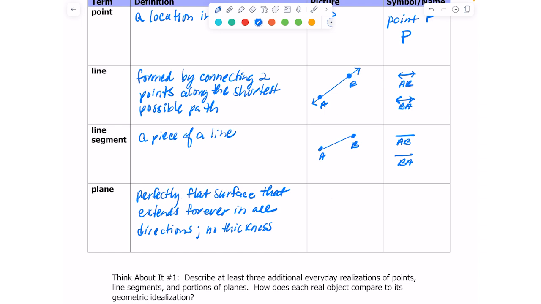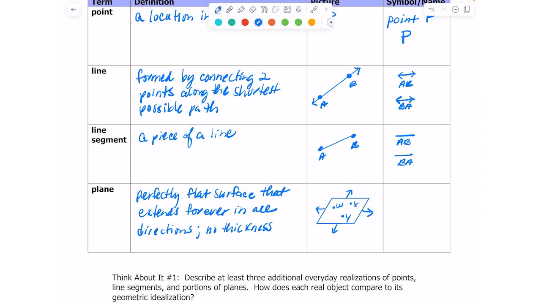You may see planes represented as kind of like parallelograms, 4-sided figures with 2 pairs of parallel sides. But you can make a plane with less than 4 points. You can make a plane with 3 points, right? If you connect the 3 points, you end up with a triangle, and triangles are flat surfaces that extend forever in all directions, theoretically.